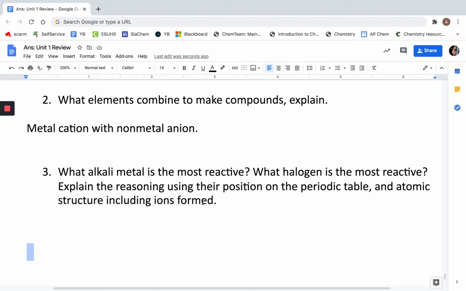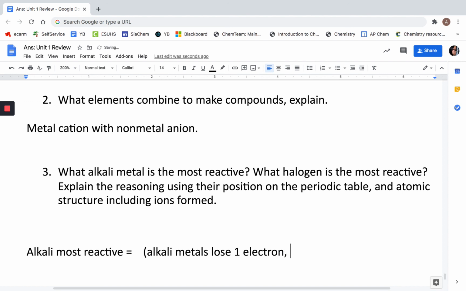Okay. Alkaline is most reactive. Which alkaline and which halogens? Okay, so alkaline most reactive. Okay, alkaline, first of all, I want you guys to think the reason of what happened. Alkaline metal loses one electron.